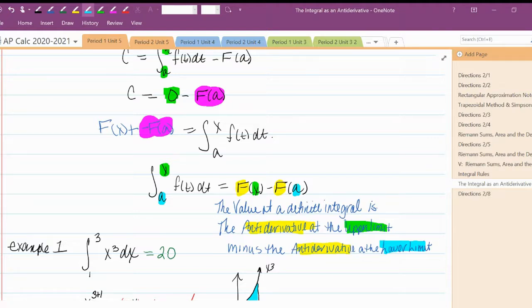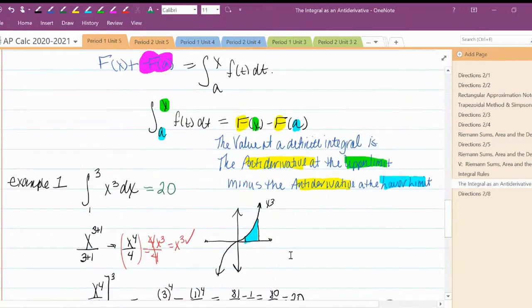And we're going to do a couple of examples. So how I would start this problem, and what I asked you to do the other day, was to sketch it, to define the area by shading and then use some geometric formula. Well, there is no geometric formula for this area, so now I have to evaluate it using this new information.